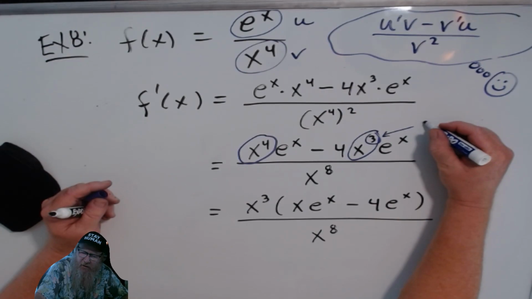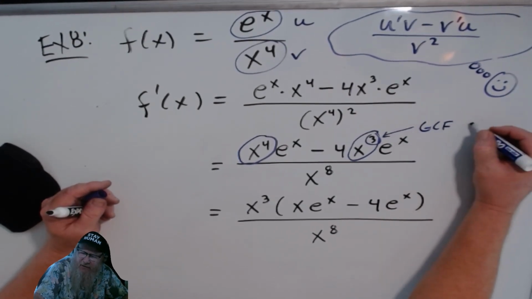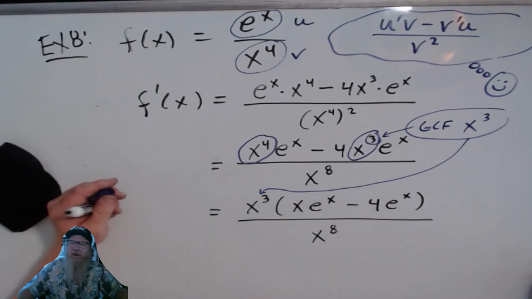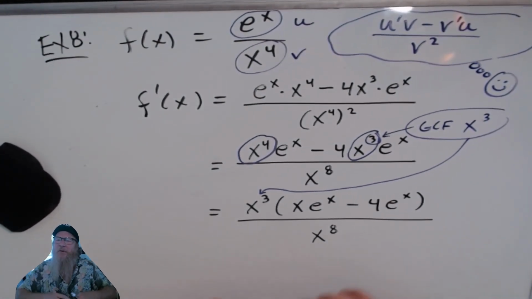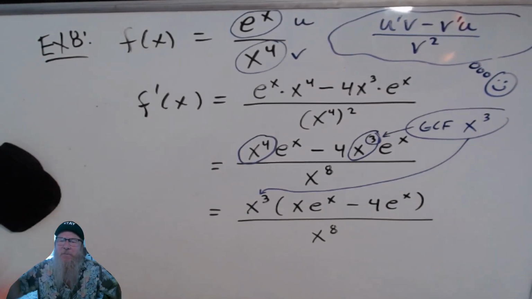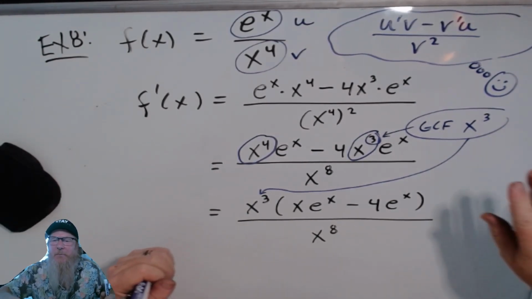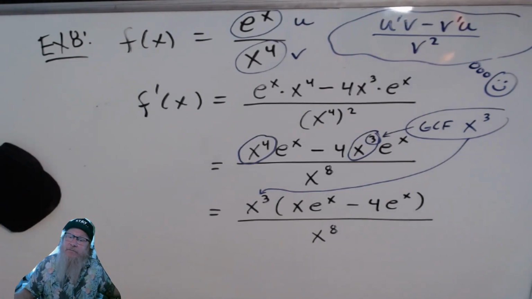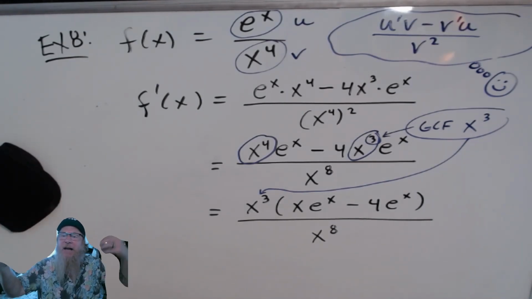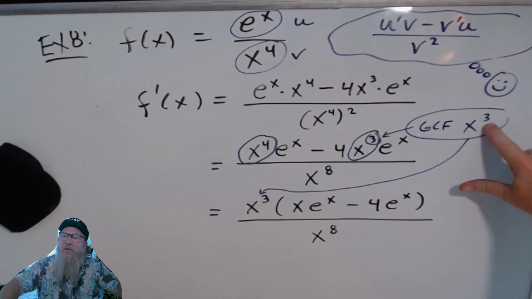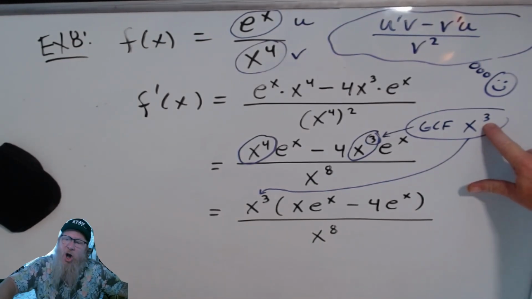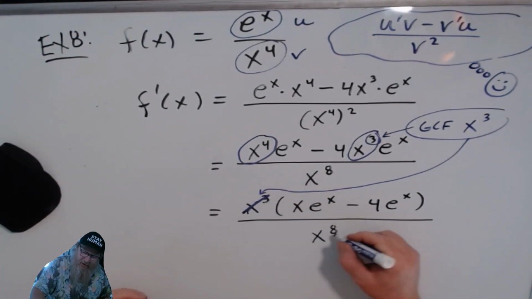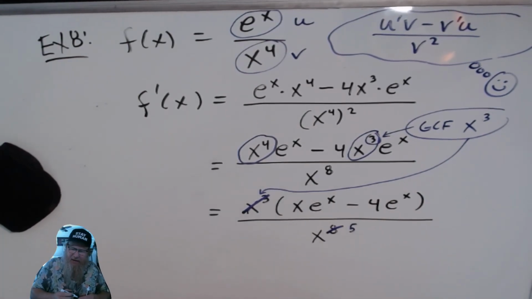So this is what's called the greatest common factor, x to the third. And so that goes out to the front. Again, an algebra review, when you have two factors with powers, the smallest power of the two is called the greatest common factor. Right? So if you have x third, x fourth, x third is called the greatest common. And then again, cancel the x to the third with the x to the eighth, and that'll become x to the fifth.